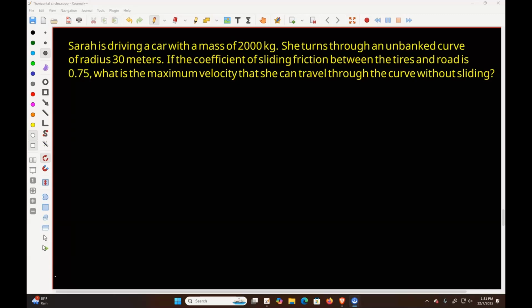All right, since we're given the coefficient of friction, we'll use that variation. So velocity is equal to the square root of coefficient of friction times radius times gravity.